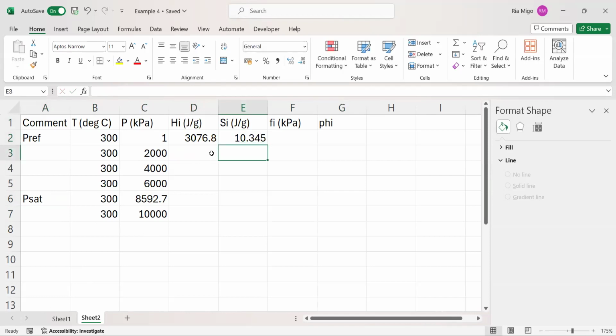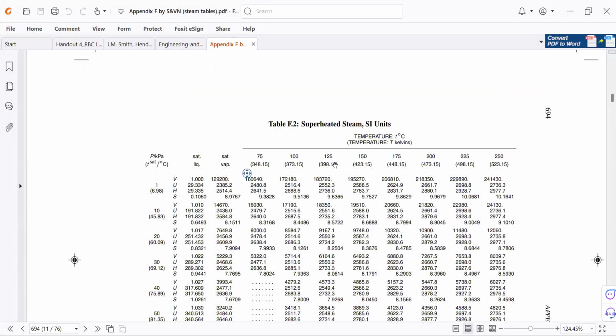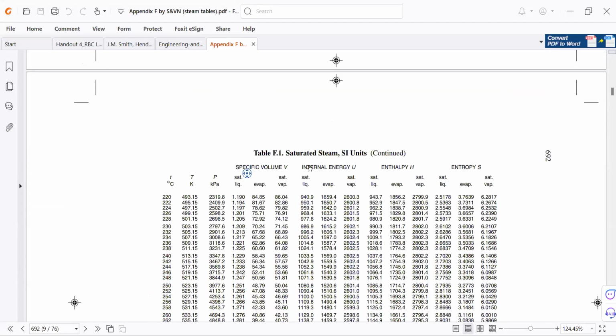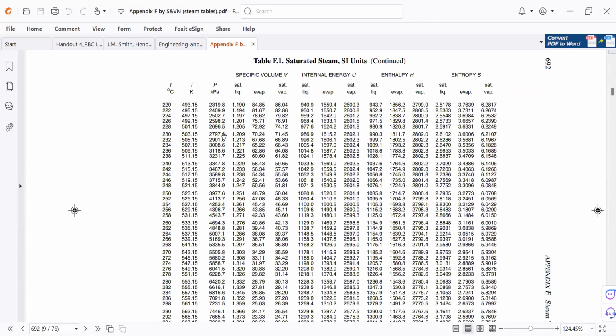And then for the rest of the values, let's skip first to the P saturation. Is this something that we can read from the steam table? Yes, we can do that by reading the saturated properties at 300 Kelvin.